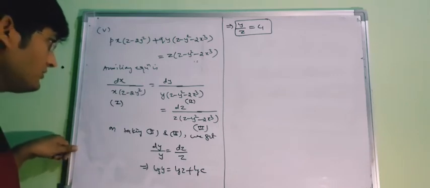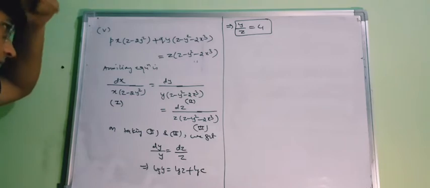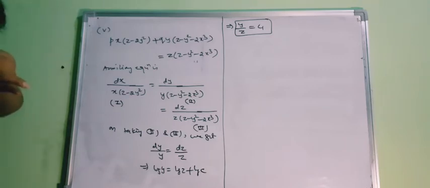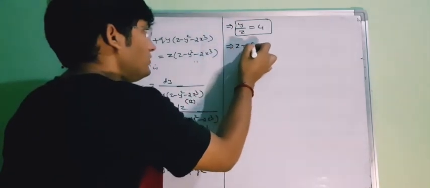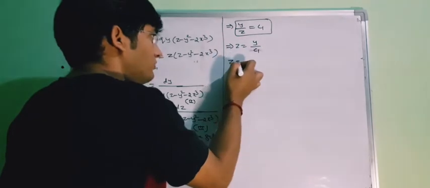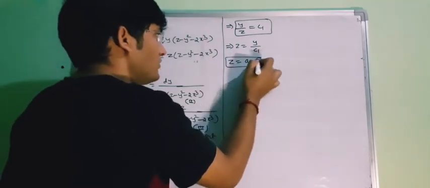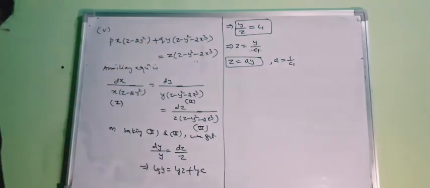So we have one part of the solution. Now let us find out another solution. For the second part, we can also write z equal to y upon c1. If we write 1 upon c1 as a, then we will have z equal to a times y, where a is 1 upon c1. We can take any constant.